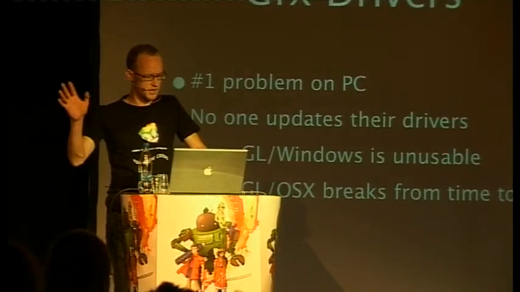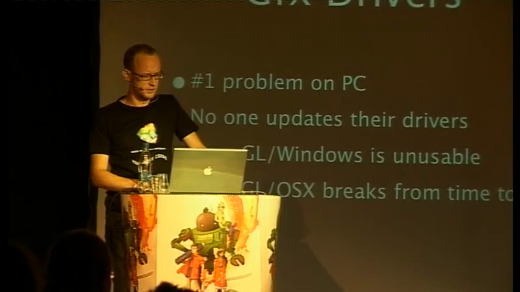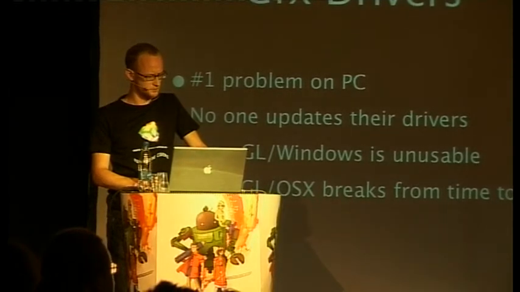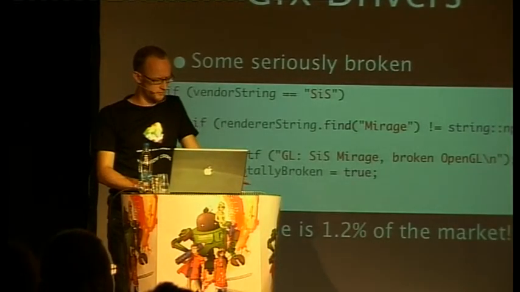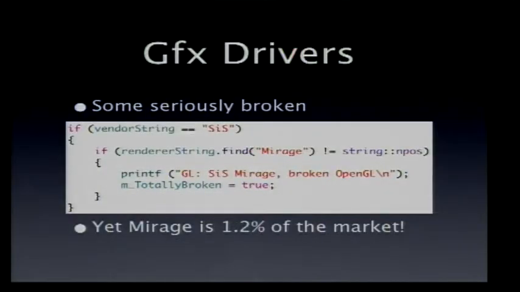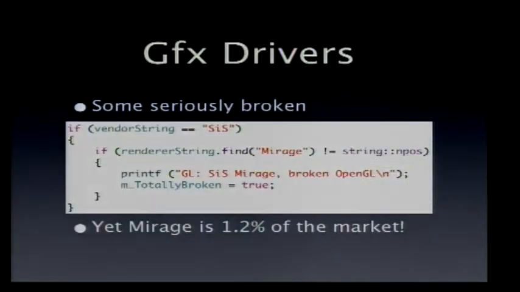And I would guess the same will happen this fall when they release the next major update. And some of those drivers are just totally, absolutely broken. Like in the Unity code base, we have this variable saying totally broken, which means if you try to do anything, it will just hang up the machine. There's basically no way to use that at all. And it's very, very sad. But that's life.